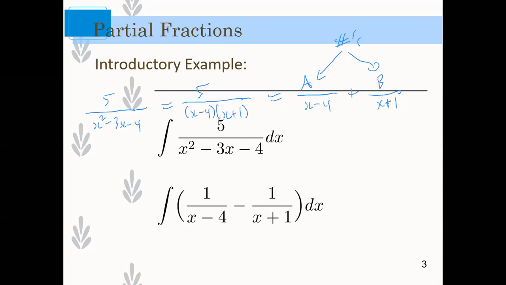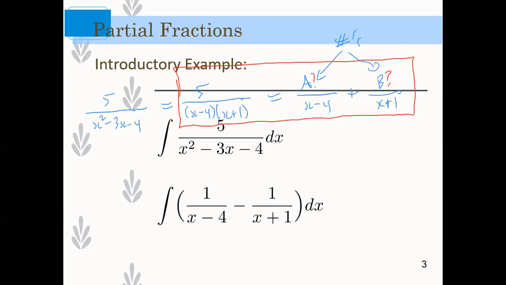Okay, how do I find A and B? How am I going to find these things? How do I find this and how do I find that? Well, what I like to do is that thing that I just boxed in red. I like to clear denominators. What do I mean by that?